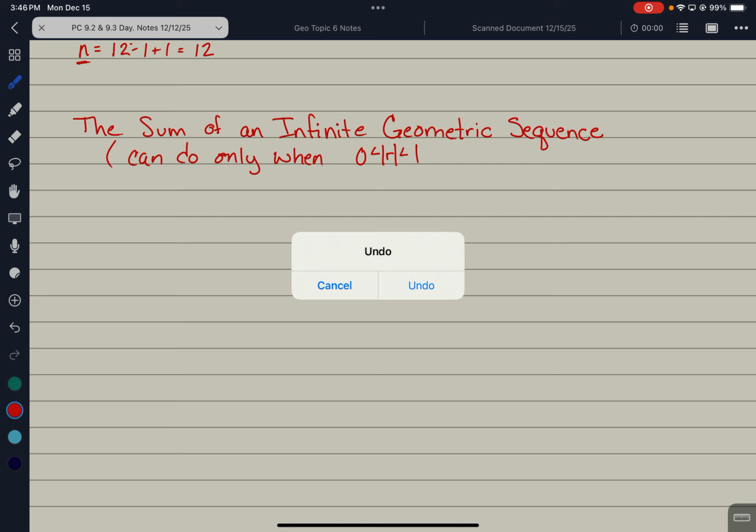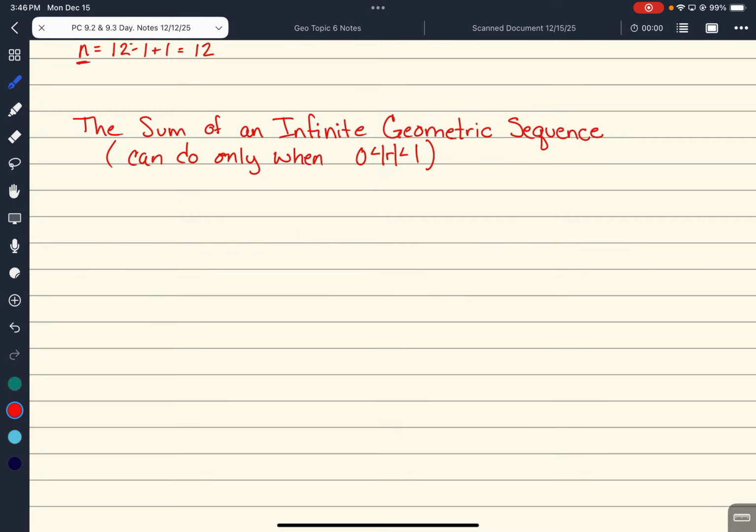It's called a limit. So the formula is as follows. S sub n, and I should have made that a sub and I didn't. I yell at you guys, don't I? Equals a sub 1 over 1 minus r.